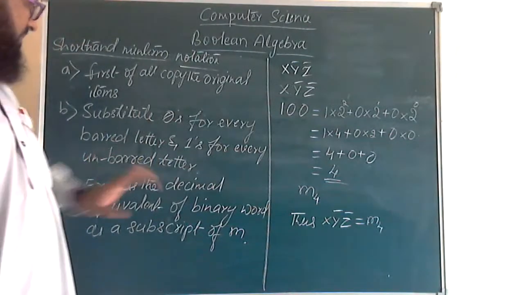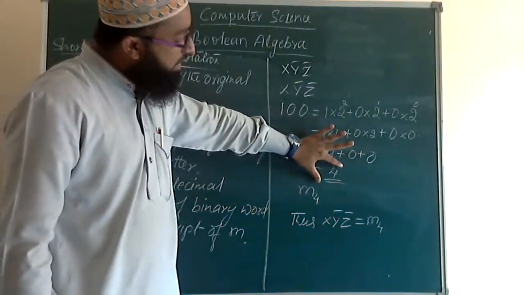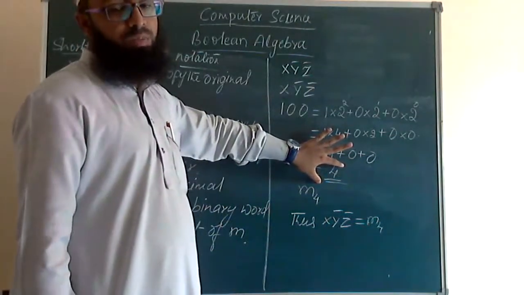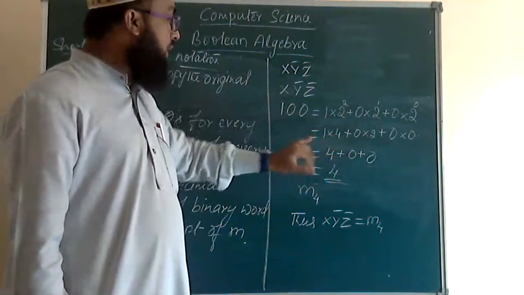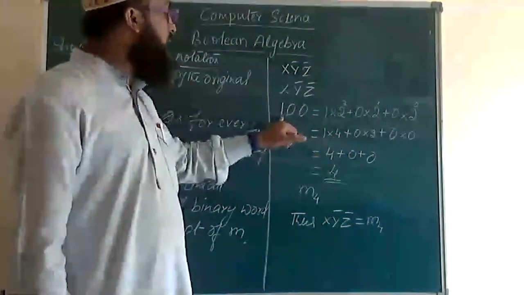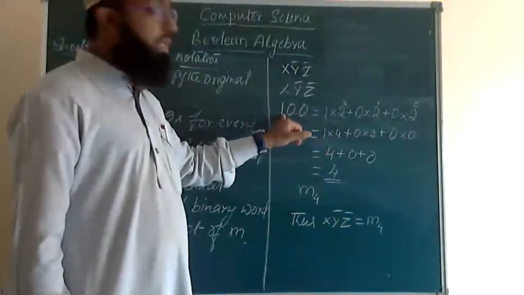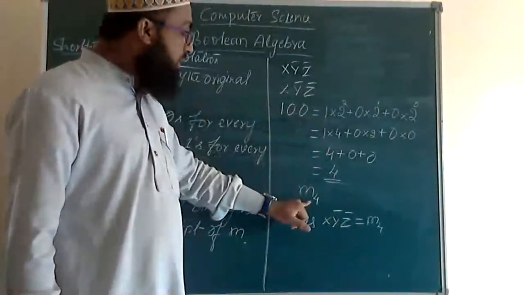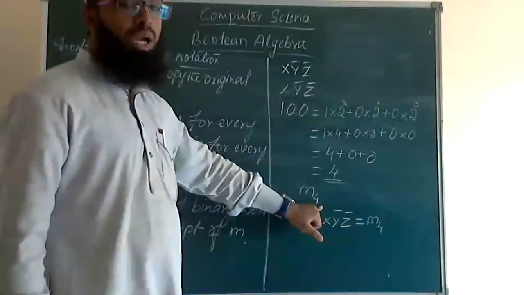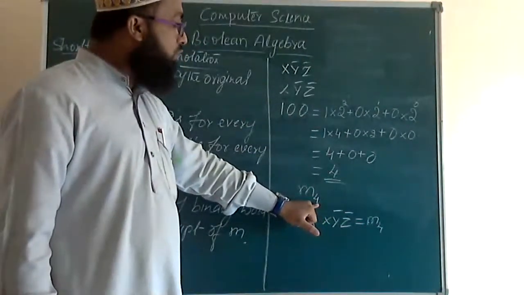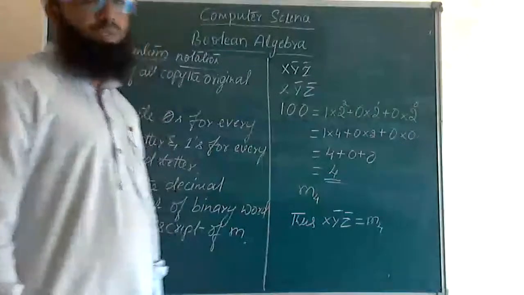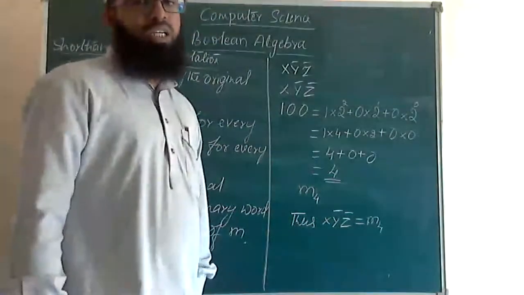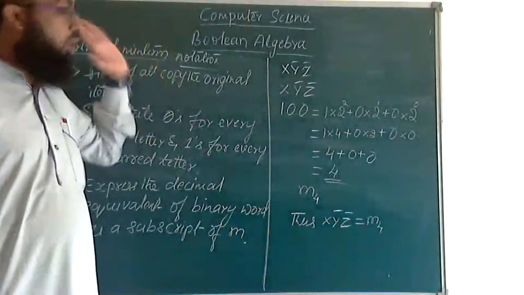Decimal means 0 to 9, and zeros and ones make a binary number. Subscript means below the letter m, just beside it. Like this we can denote the minterm in shorthand.